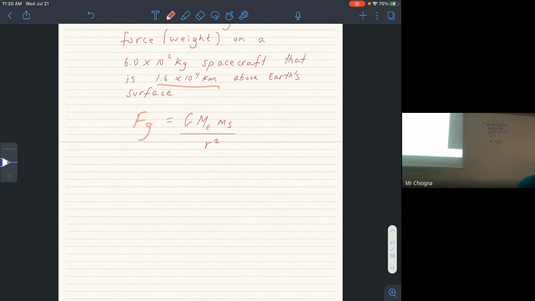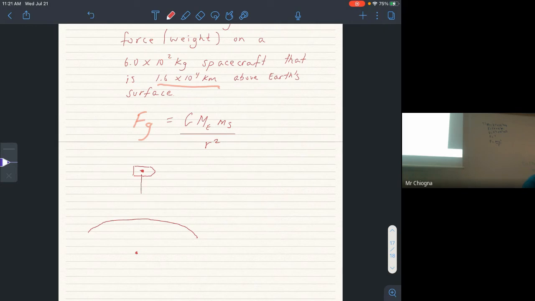What is R in this? Let's take a look at the diagram. R is always the distance from the center of the Earth, or whatever planet, to the spacecraft, which is far above the surface. What do we have, though?